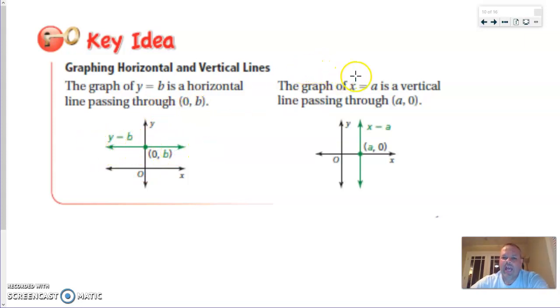The graph of x equals a is a vertical line passing through (a, 0). For example, if it's x equals 2, I would go over to 2 and draw my straight line up and down. Y equals is horizontal, x equals is vertical.